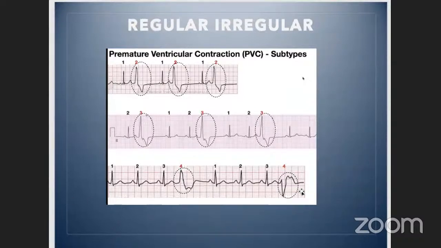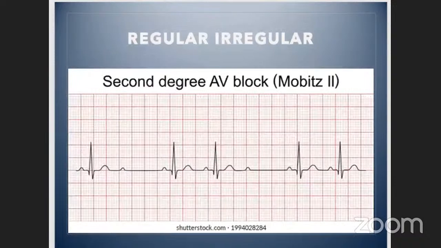We know that they are ventricular in origin because they're very wide, but we know that they're from different focuses, one coming from the right ventricle, one from the left, because they're different in shape, and that has diagnostic implications later.